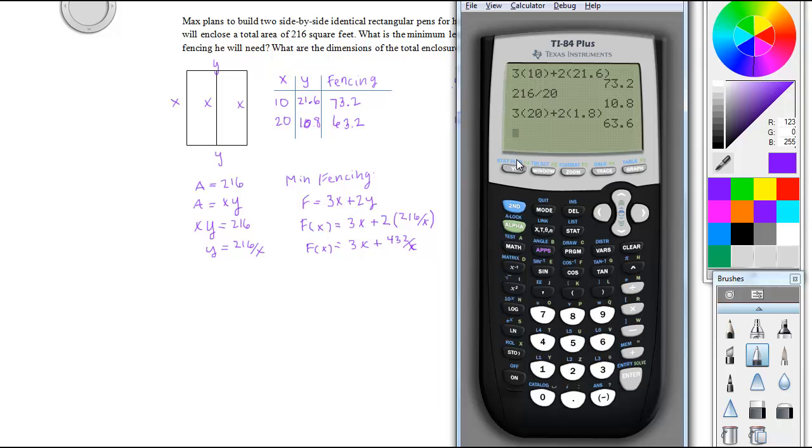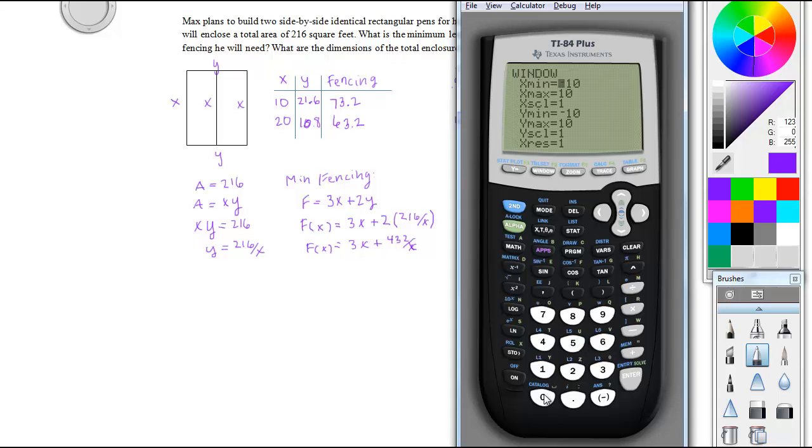So we'll go to y equals and put in the function 3x plus 432 divided by x.